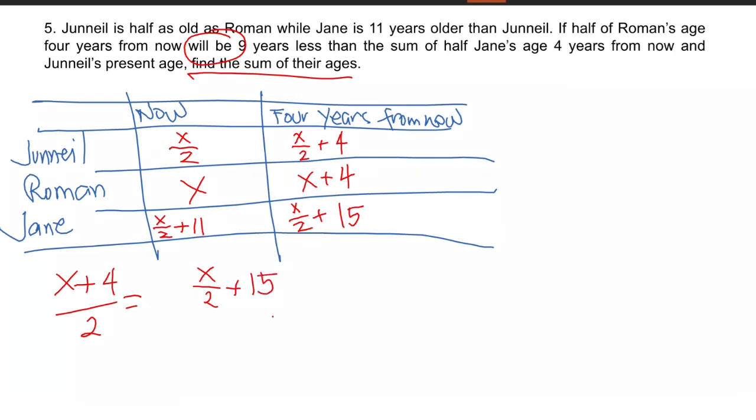Then we have to get the half of that, so we will divide that by 2. And then the sum of Jane's age 4 years from now and Janelle's present age, which is x over 2. And then we will subtract 9. So this is our equation, which is a little bit complicated.